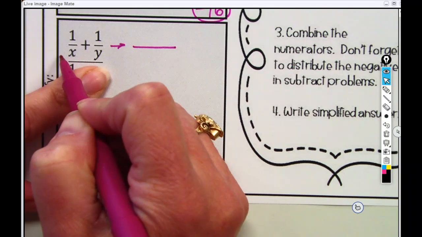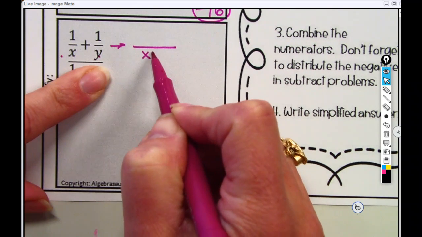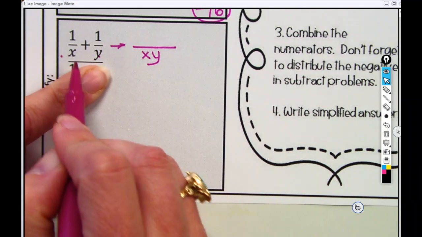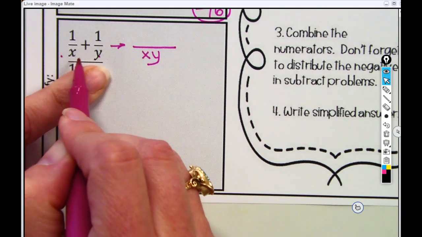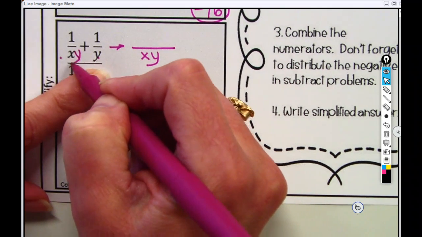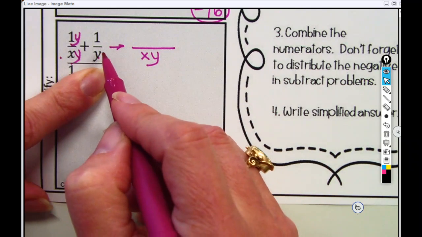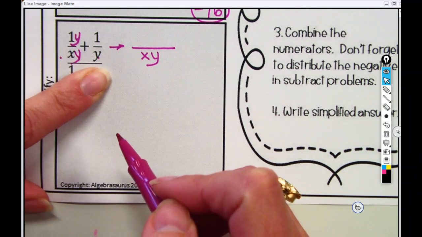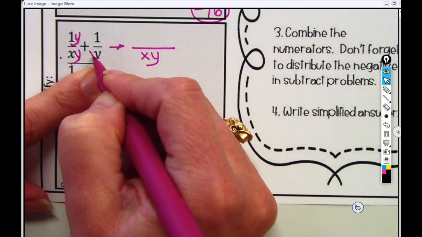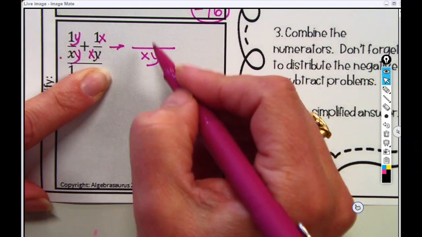I need the x and I need the y. So what do I need to multiply that first fraction by? Y. In fact, I'm just going to put it right there and right there because there's no need to distribute. What do I need to multiply that second fraction by? X. X. And so I get what?